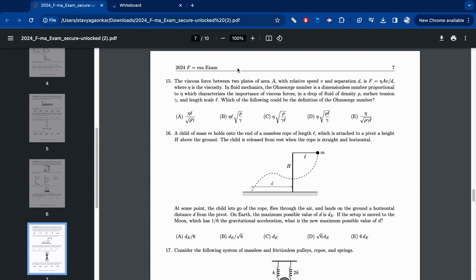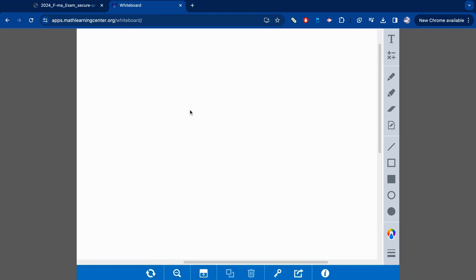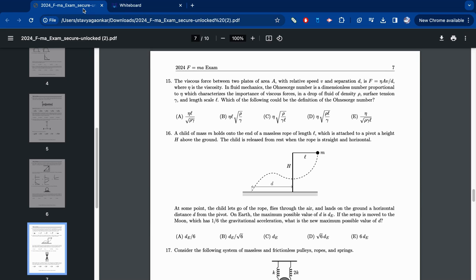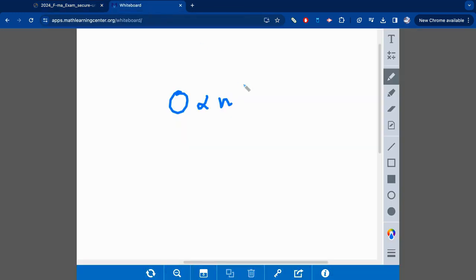Okay, so let's just say the number is O. So what we're given is that we have this number O that's proportional to N, which is viscosity. So what we can do is use this formula to find the units of viscosity. So we know that F equals NAV over D, which means that N equals FD over AV.